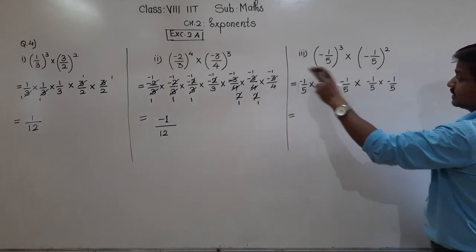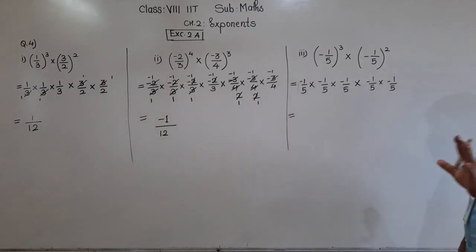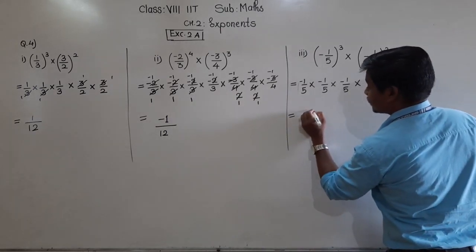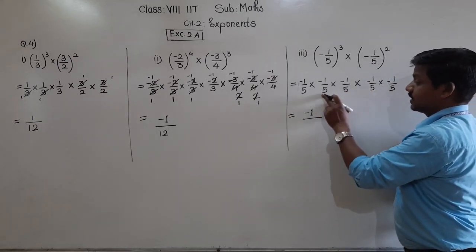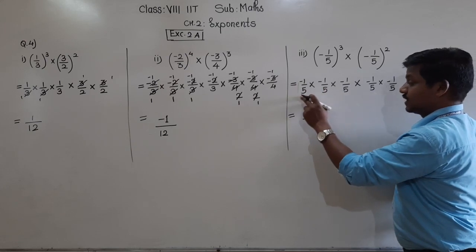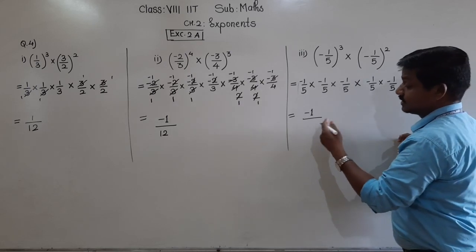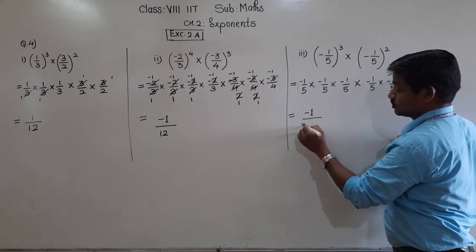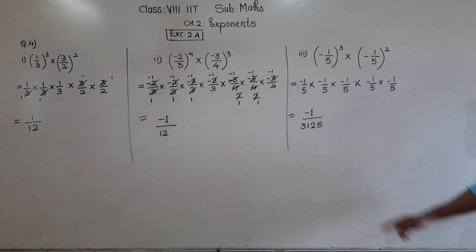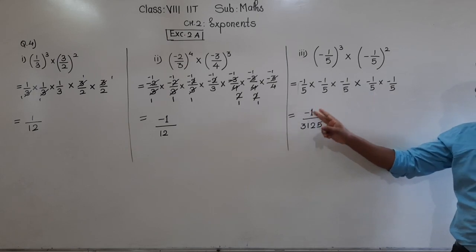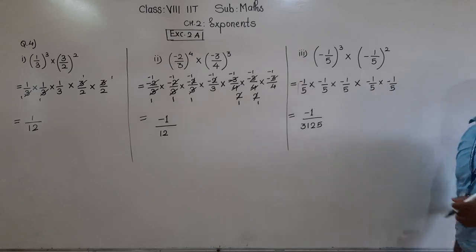So that's why I multiply directly. -1 multiplication of -1, 5 times, that's why the answer is -1. Upon 5 5s are 25, 5 5s are 125, 5 5s are 625, 625 5s are 3125. So -1/3125 is the value of this example.